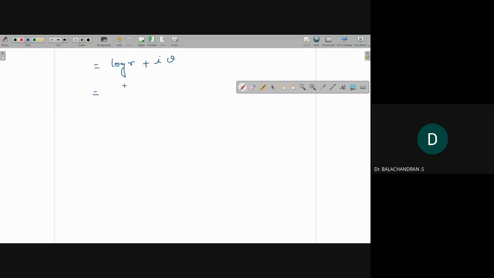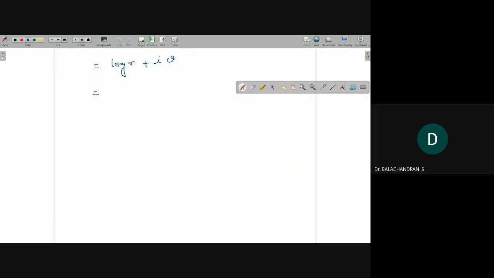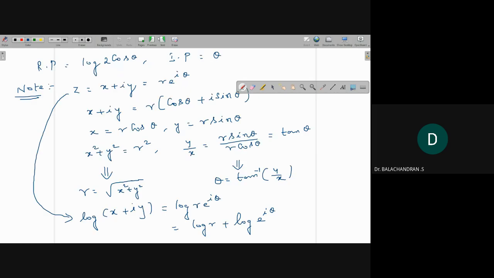But we know that r equals root of x square plus y square, and theta equals tan inverse of y by x. So the left hand side is log of x plus iy.